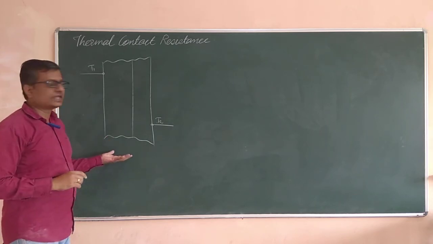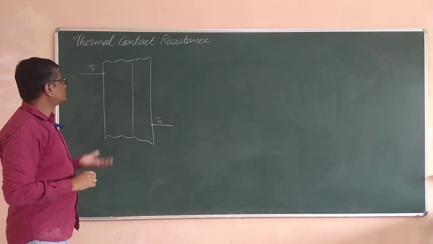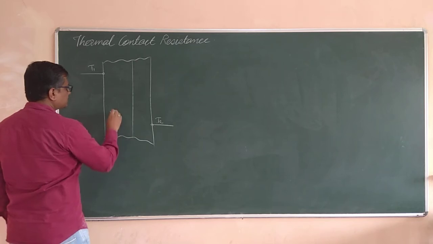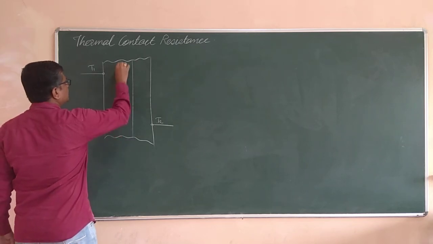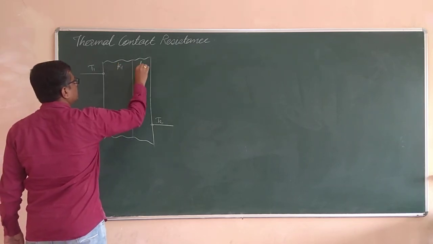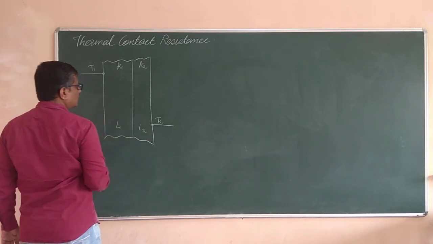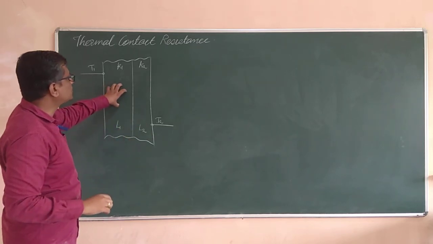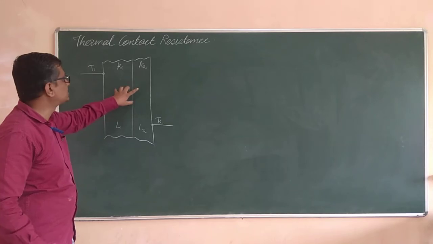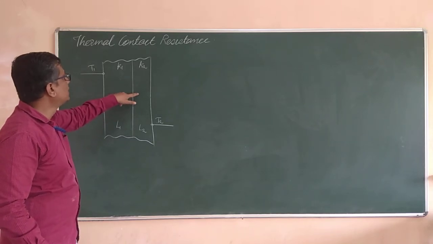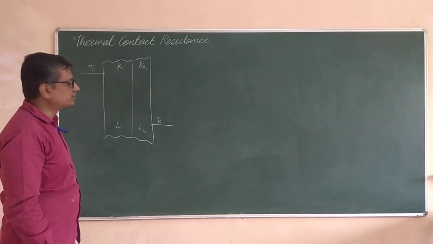If you try to analyze this problem straightforwardly, say this is of thermal conductivity K1, this is of thermal conductivity K2, this is of length L1, this is of length L2. Then you will get the thermal resistance of this one and of this one. Two resistors are in series, so they will add up and you will get the final result.